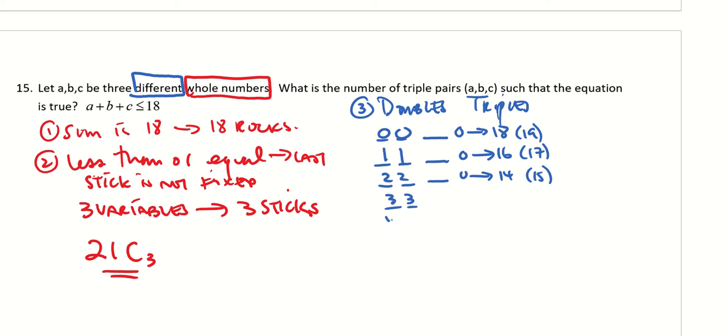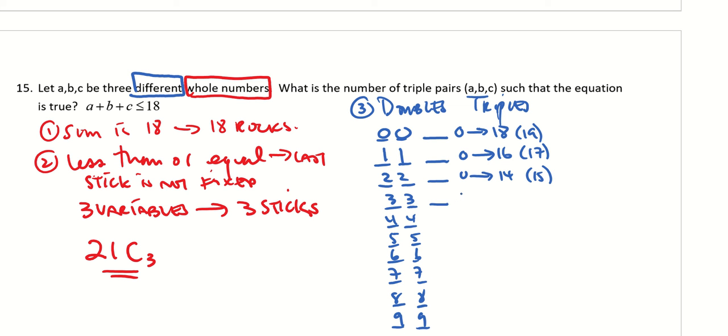3, 3, 4, 4, 5, 5, 6, 6, 7, 7, 8, 8, and 9, 9. So again, in case you're wondering what we're doing is we're trying to count how many bad ones there are. These are the ones where numbers are actually repeated, okay? So you have a 3 and 3.